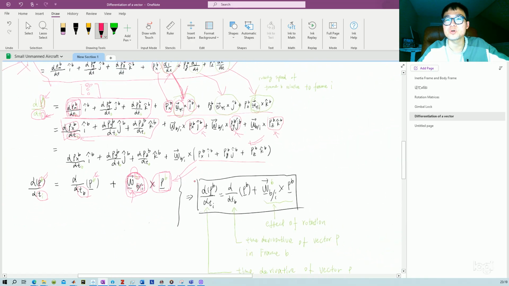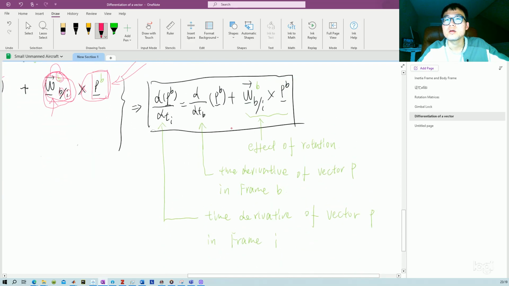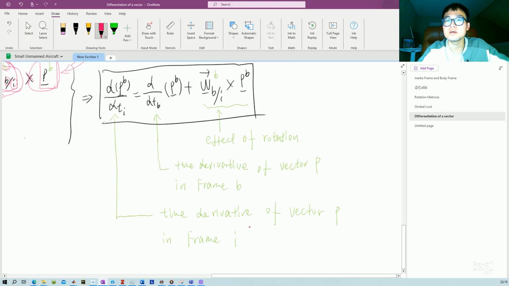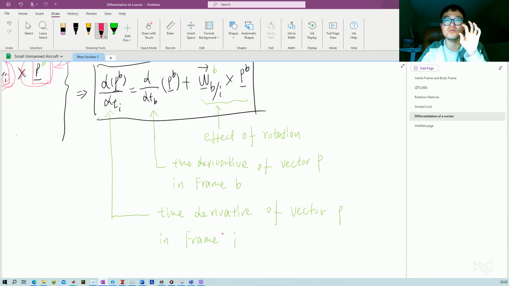That's how we proved this equation, where you are taking a time derivative of a vector expressed in frame B, relative to frame I. You are an observer, for example.